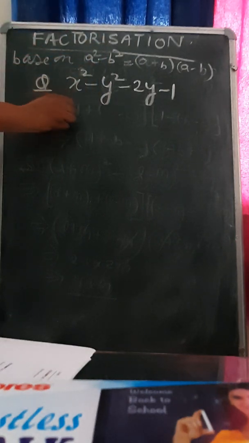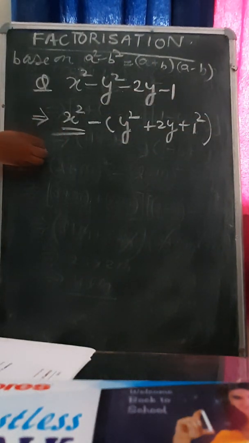Now here you can see x square minus y square minus 2y minus 1. Now to this type of question, children, we have to convert this into a square minus b square. So how can we do it? x square we can keep over here and now I can take minus as common here. So this can be written as y square plus 2y plus 1, and 1 can be written as 1 square.